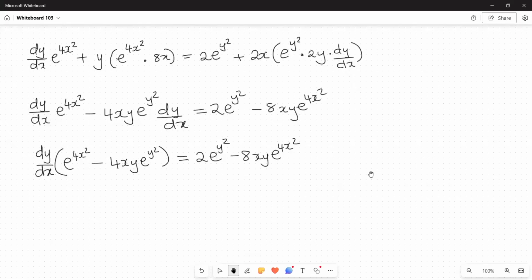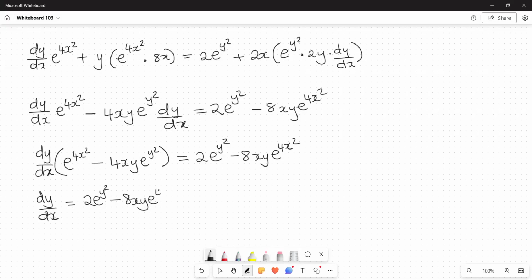Then if we make dy/dx the subject of the formula, we get 2 e to the power of y squared minus 8xy e to the power of 4x squared over e to the power of 4x squared minus 4xy e to the power of y squared. So that is our derivative.